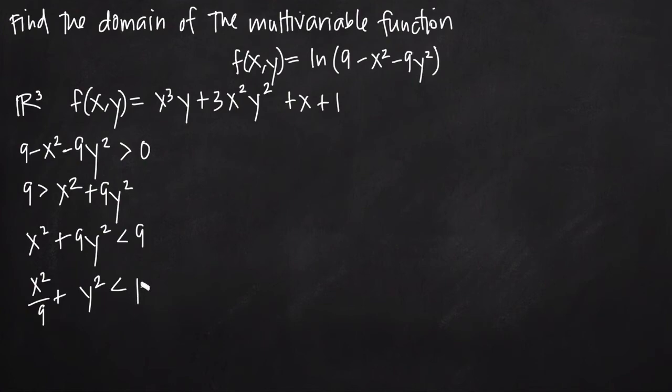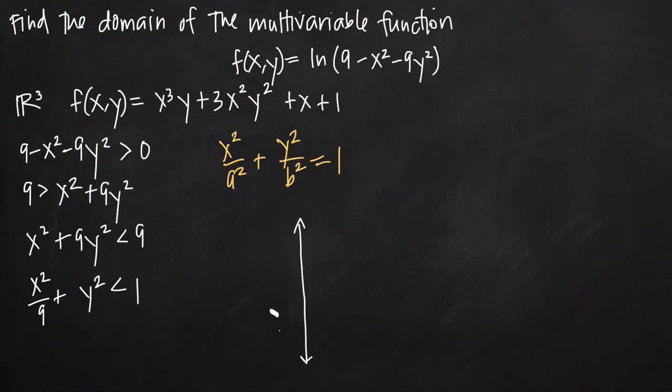And at this point, we should be able to see that we have an inequality which is in the standard form of a wide ellipse, right? The standard form of a wide ellipse is x squared over a squared plus y squared over b squared is equal to 1. And when we have that standard form, if we have a two-dimensional coordinate system like this, our ellipse looks like this.